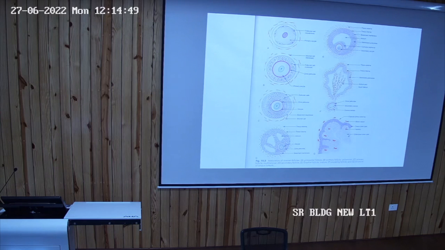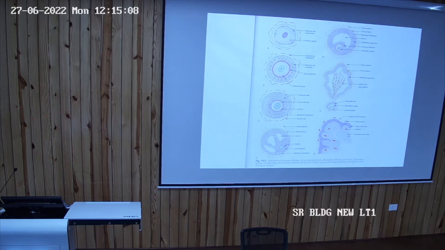Now what happens? As the granulosa cells mature and multiply, between them empty spaces, liquor folliculi, appear. See these empty spaces. These empty spaces are liquor folliculi.